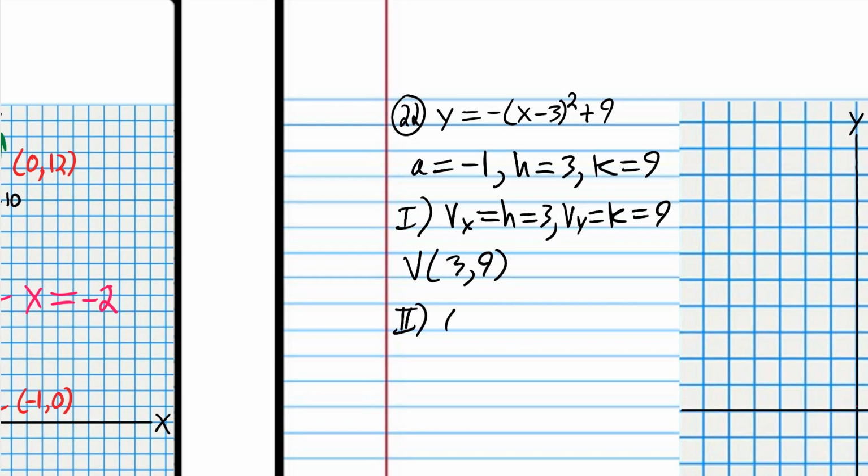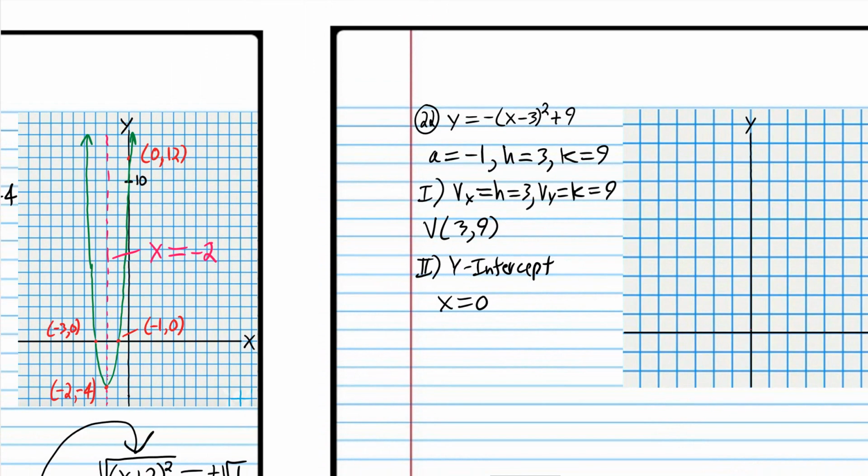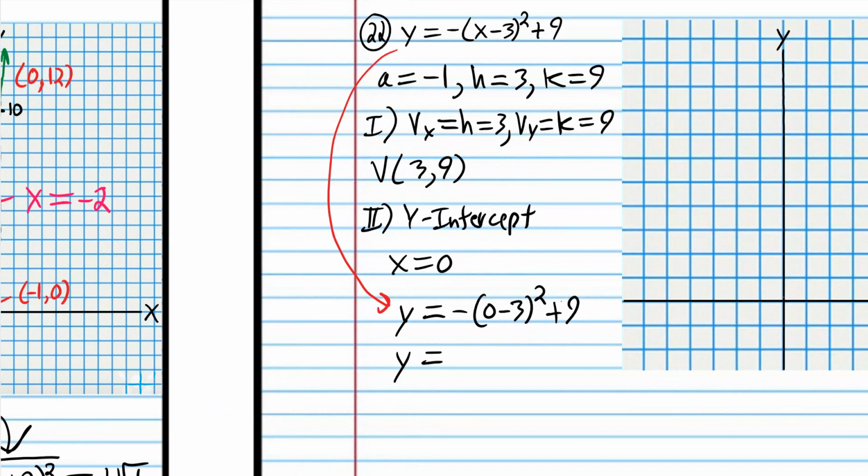Now we're going to find the y-intercept. To find the y-intercept, we let x equal 0 and plug that into the original equation. And using PEMDAS, order of operations, we do parentheses first. 0 minus 3 is negative 3.